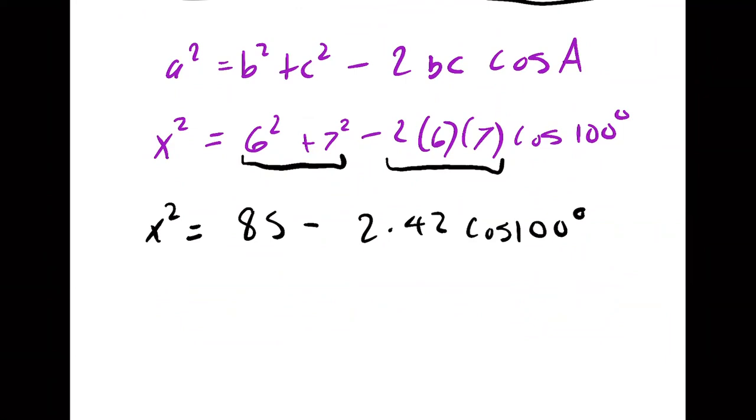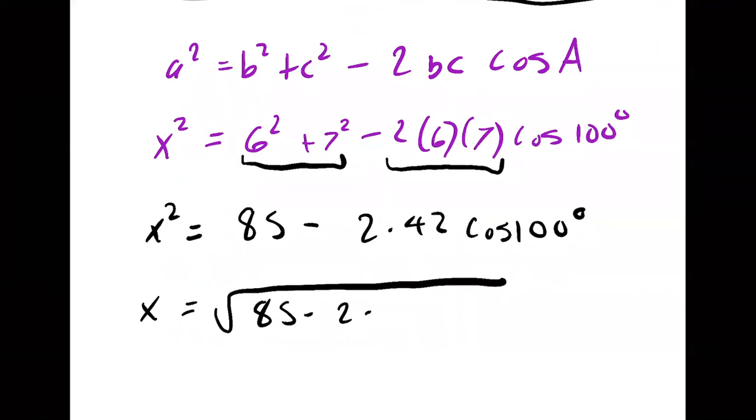And so x is going to be equal to the square root of 85 minus 2 times 42 times cosine of 100 degrees.